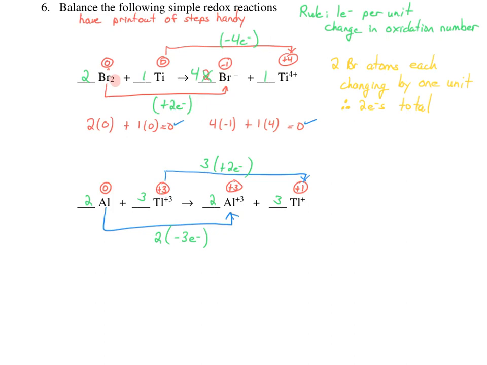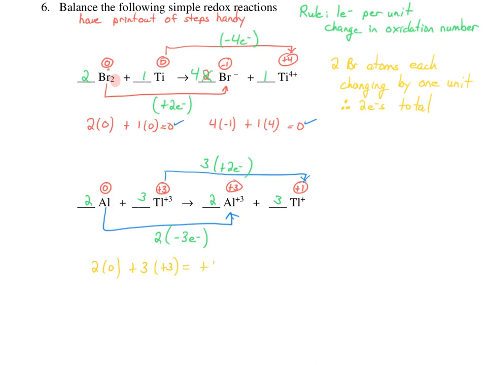And now we're balanced. Let's check our mass balance and our charge balance. 2 aluminums, 2 aluminums, 3 thalliums, 3 thalliums. Now let's check the charge. We have 2 aluminums, each has a charge of 0. 3 thalliums, each has a charge of +3.